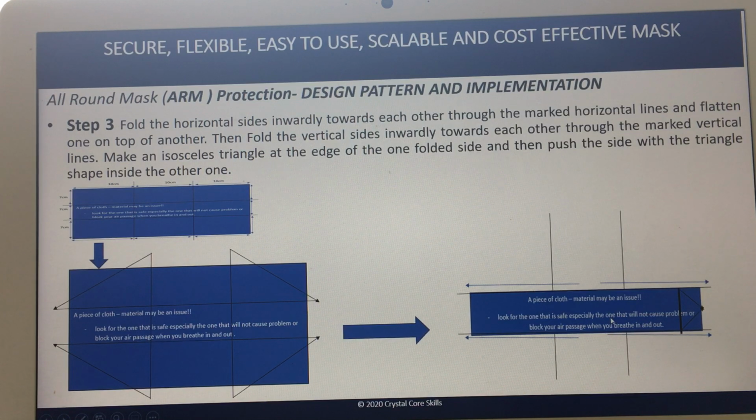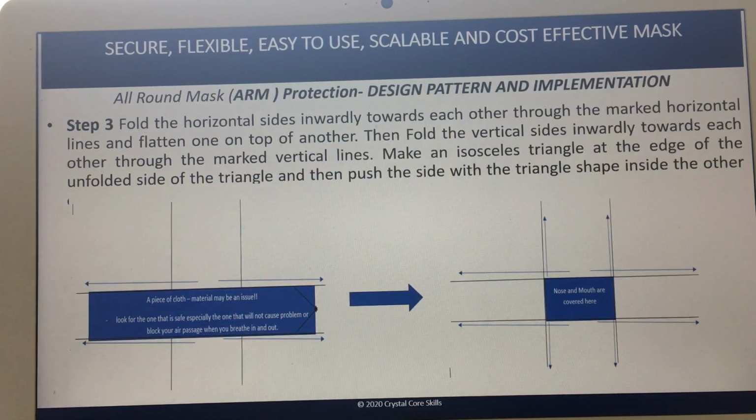But when you're doing that, you need to create some sort of triangle at the end of either of the two rectangles on the side, so that one can go inside the other, and then you flatten it on the middle one to form the rectangle that we need as a target for creating the mask.